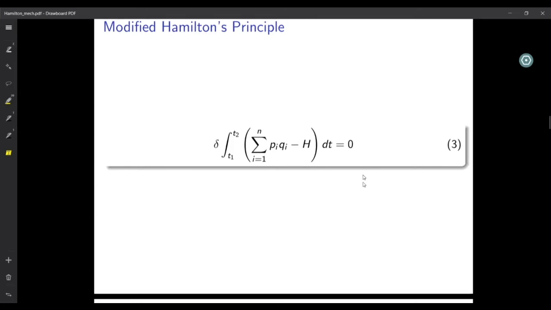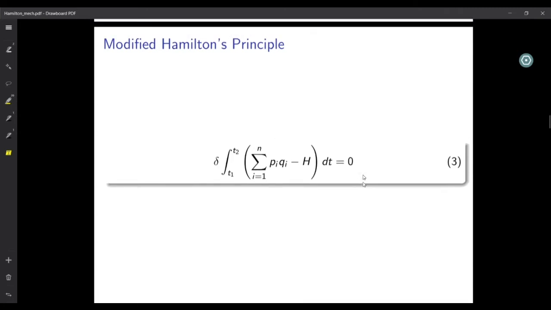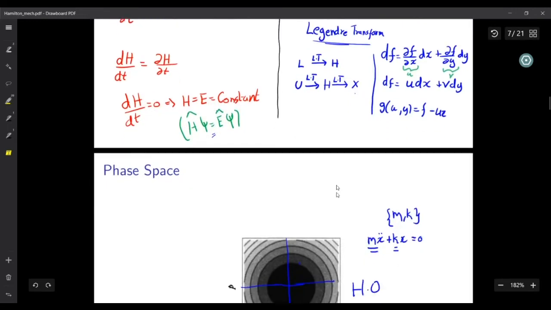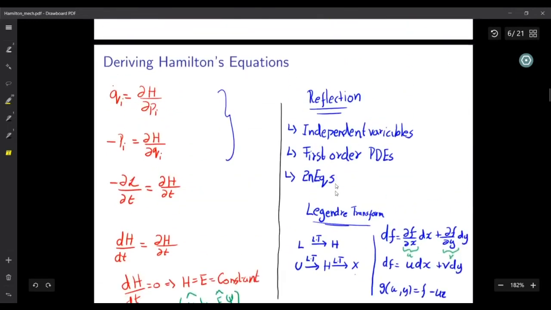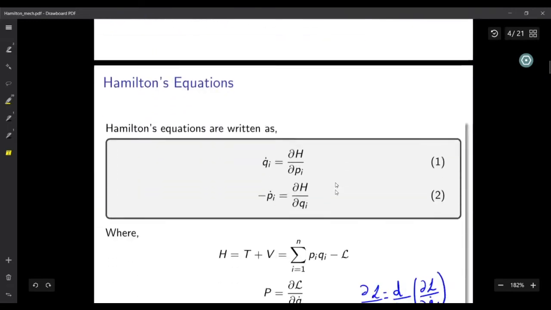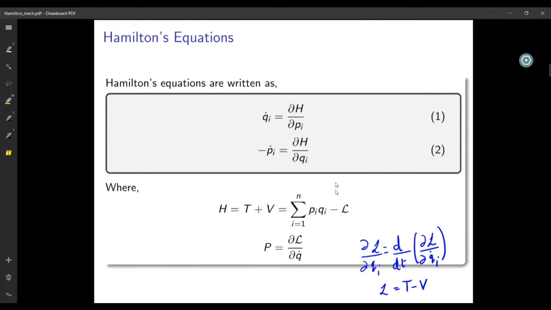Yes, so we physicists just like to play around with equations and see what we can get out of them, right? So if you go up a little bit, Pugul, just go to the first thing. We saw that the Hamiltonian is nothing but... yes. So if we take that equation, H equals T plus V equals sigma piqi minus the Lagrangian, right?